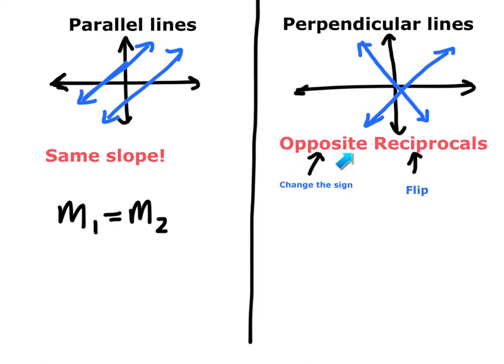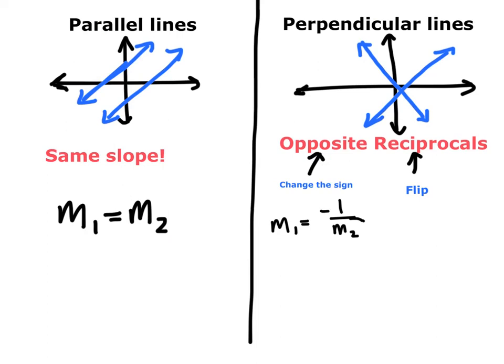Well, the opposite means that you should change the sign. Look at this line right here. This is a positive slope. The perpendicular line to it would have a negative slope, so we would have to change the sign. And the reciprocal just means that you would flip the slope over. So in general, we say that m1 is equal to negative 1 over m2.